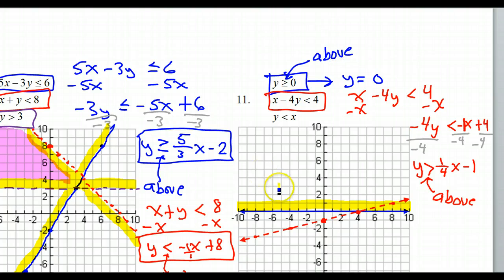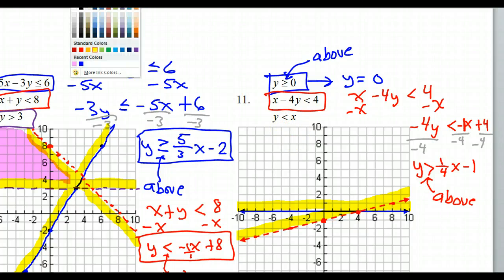But when we do the shading, we will just shade a little bit above. Okay, just a little bit, like this. Okay, now we have one more line to draw.